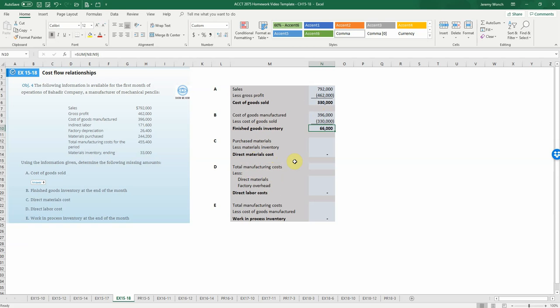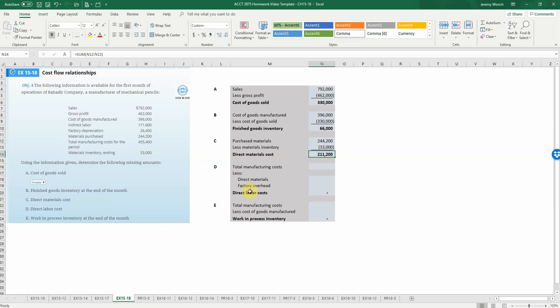If we look at our materials inventory, assuming the beginning balance is 0, we're going to add our material purchases, which is $244,200, and then subtract out the ending inventory, which is $33,000, which will give us what we ended up actually transferring out from materials to work in process, which is our direct material cost of $211,200.